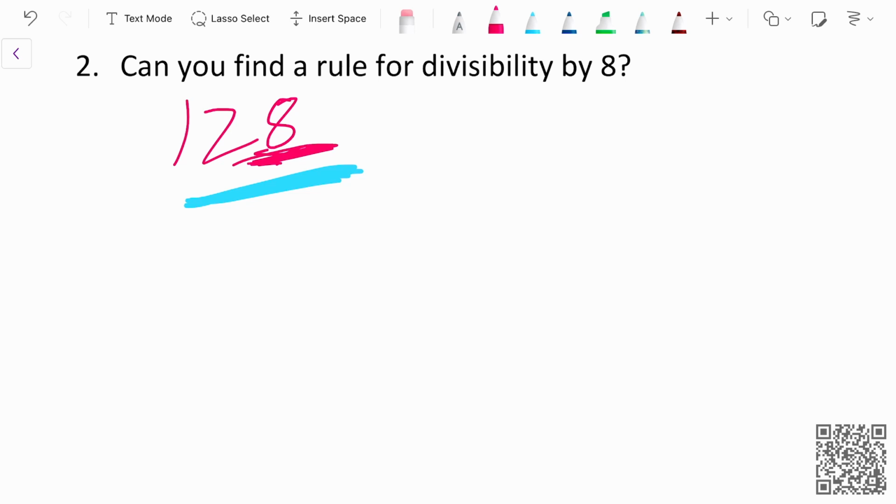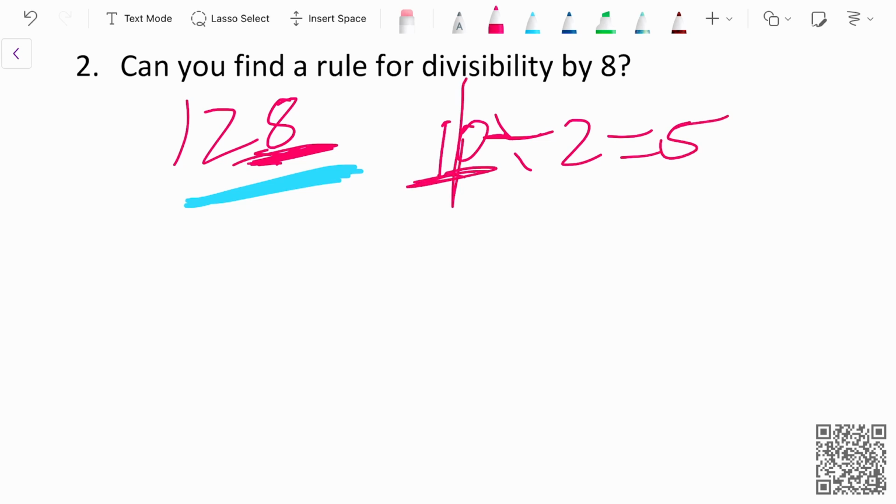With 8, it's also quite similar, but it's a little bit different at the same time, just like 2 and 4. For 2, 10 divided by 2 is 5. So that means that 10 is divisible by 2. So anything beyond the tens place, you can just forget about and just look at the last place, because any number of tens is divisible by 2.